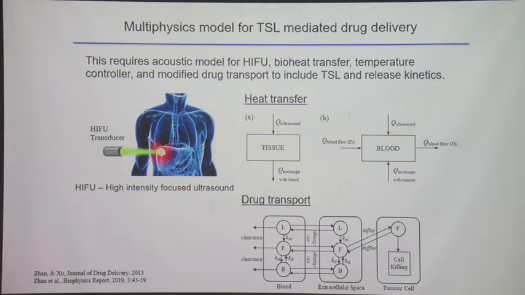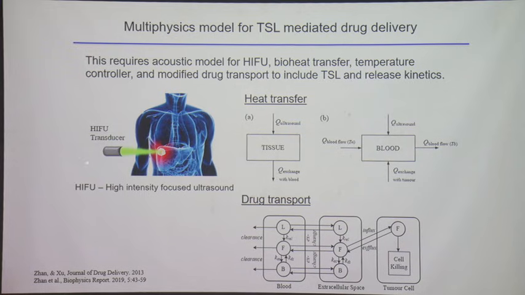You can't heat the entire tumor, but because of the heat transfer, because we have blood perfusion in the tissue, that promotes convective heat transfer. So you have to model the heat transfer inside the tissue to get the temperature distribution. The temperature distribution will then determine the other parameters. So there is a heat transfer equation there.